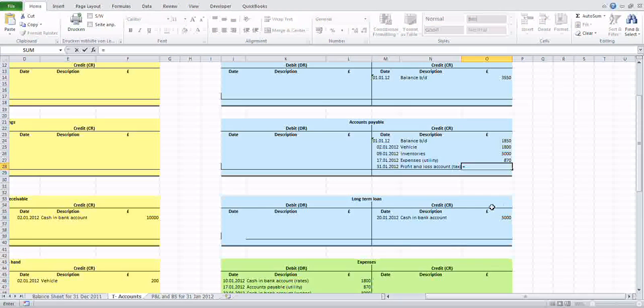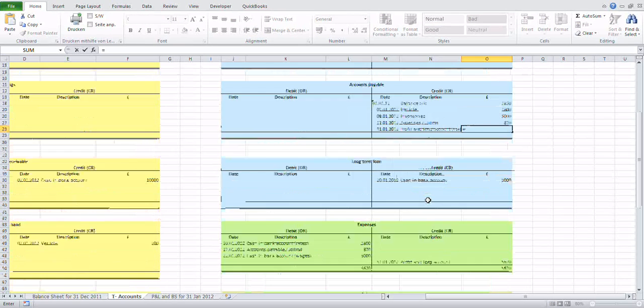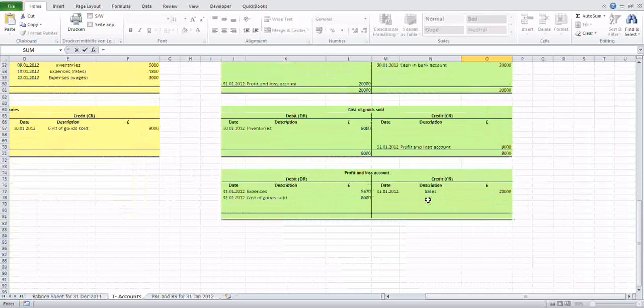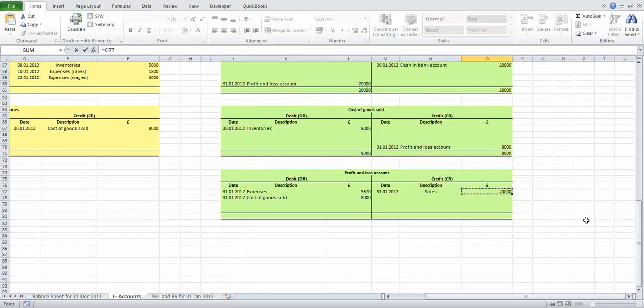We need to take the sales minus the cost of goods sold minus the expenses. Now this would be the net profit.